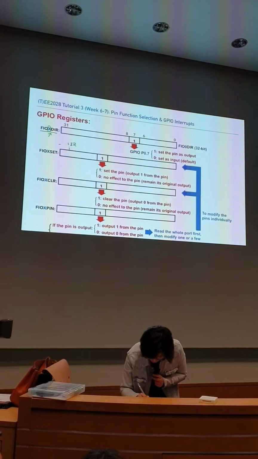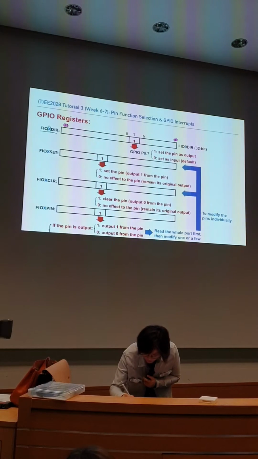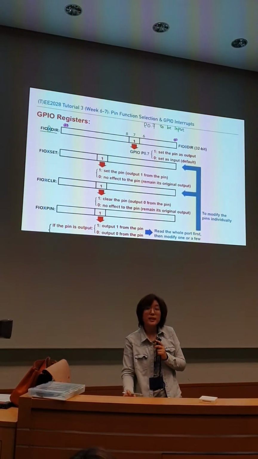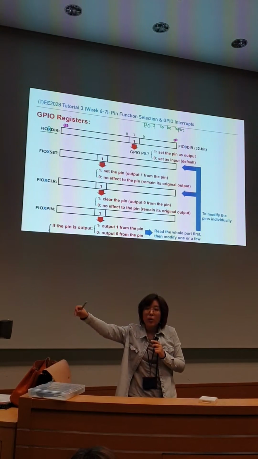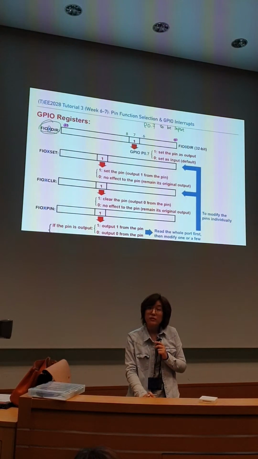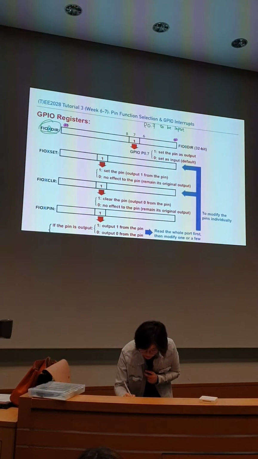For FIODIR, again, it is a 32-bit register. And let's say now we want to configure the pin P0.7 to be input. If we want to do this, we cannot control that pin directly. We control the pin by modifying this register. So let's say we want to configure P0.7.